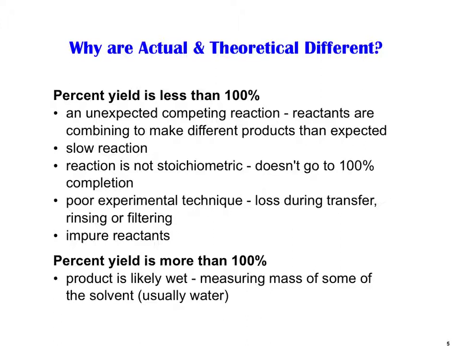Now these aren't something that you will be able to measure necessarily or predict in Chem 20. The biggest thing we will see is poor experimental technique. So when you guys actually do your own experiments, you may have lost some solid along the way by it being left in a beaker from where the reaction was mixed, or you overfilled the filter paper, or some of the solid was so small it went through the filter paper.